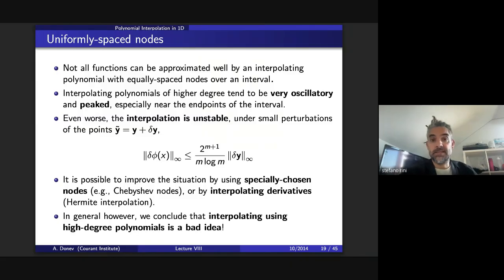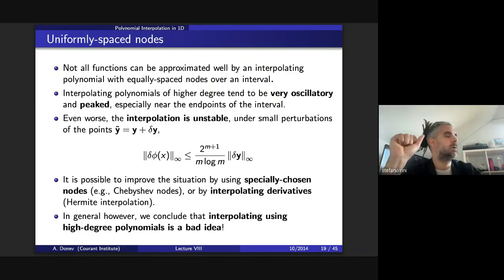But also the interpolation is unstable under small perturbations, okay? Because the polynomials react very quickly. They grow very fast. They have this oscillatory behavior that emerges very rapidly. Let's say that somebody gives you a function, right? But the evaluation points are subject to an error, okay? So let's say that we are trying to interpolate some planetary motion, okay? And we have some observations from some telescope, and we want to trace some trajectory, some orbit, right?